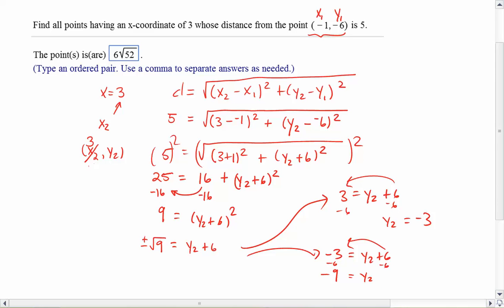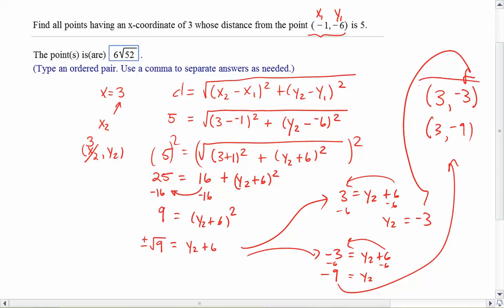We know that the x-coordinate is 3, so one point that is 5 away from (-1, -6) is the point (3, -3) from here, right? And then the other one is (3, -9) from here. So there are your two answers that you're going to enter into that spot right up here.